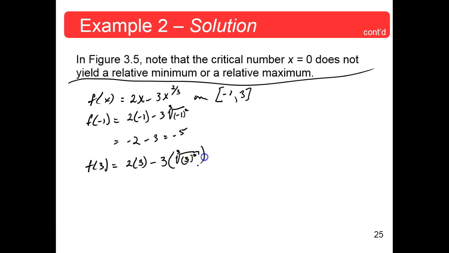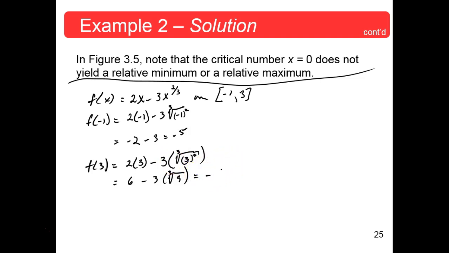I don't even want to think about that one, okay? What would this be? 6 minus 3 times the cube root of 9. Gonna have to depend on somebody having a calculator on that. Something a little bit more than 2, so this is going to be a slightly negative number.